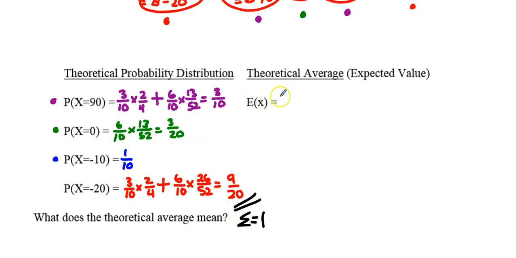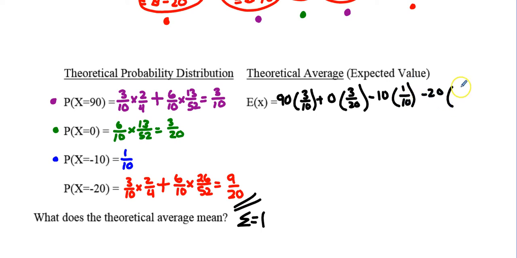And to get your expected value, you take your outcome, 90, multiplied by its probability, 3 over 10, plus the next outcome, multiplied by its probability, and the next outcome multiplied by its probability, and the next outcome multiplied by its probability. And when you put that into your calculator, you will get exactly $17. So what does it mean?